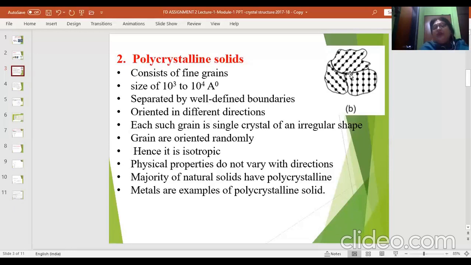The majority of natural solids are polycrystalline. Metals are examples of polycrystalline solids. Now there is some food for thought here. One question which you have to answer, and tomorrow you can give me the answer: do single crystals, which are anisotropic, differ in their physical properties as per their atom orientation?